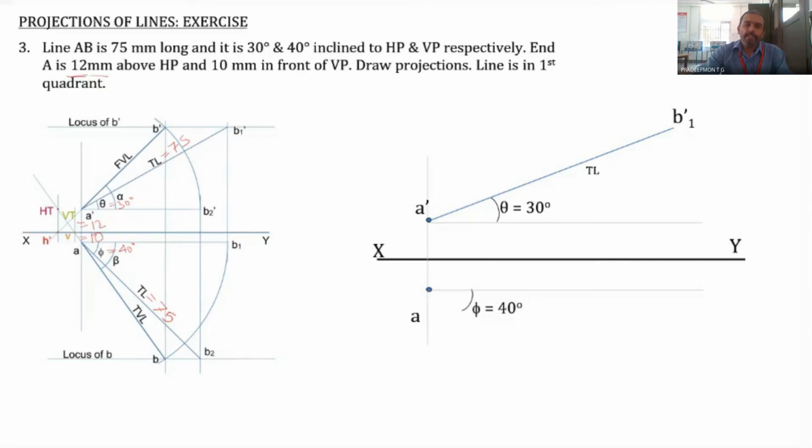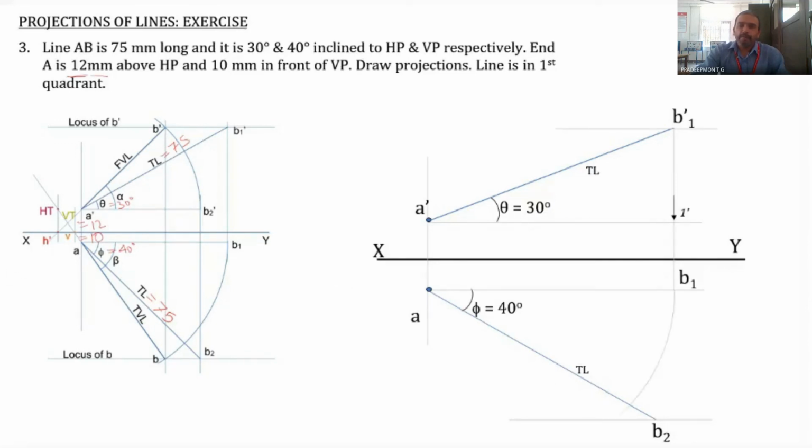That is phi is 40 degree, and a 7.5 centimeter or 75 millimeter length line is drawn in order to obtain the point B2. And then the locus of B dash as well as the locus of B is obtained. From B1 dash, drop a projector to the locus of A in order to obtain the point B1.